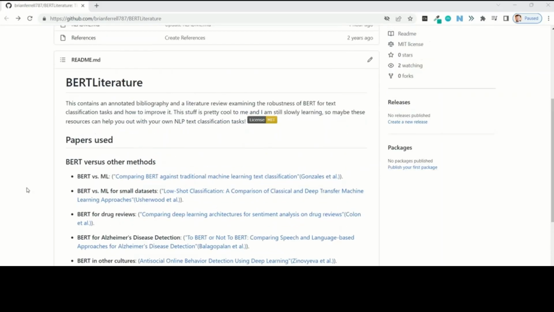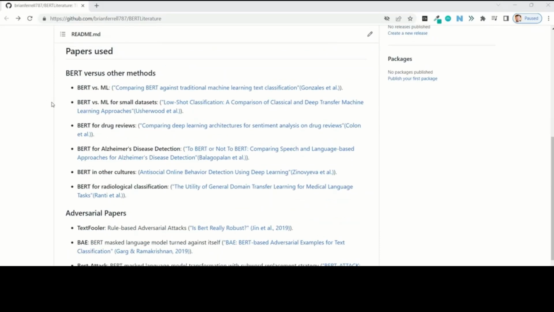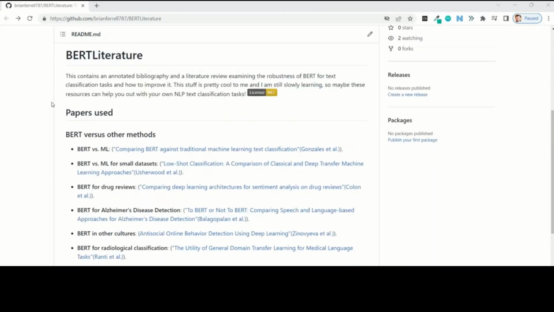The aim of this literature review was to bring different perspectives on how well BERT performs on text classification tasks, which is what I ended up studying, how well it does in different domains, and digging into how people have improved BERT with some creative methods.